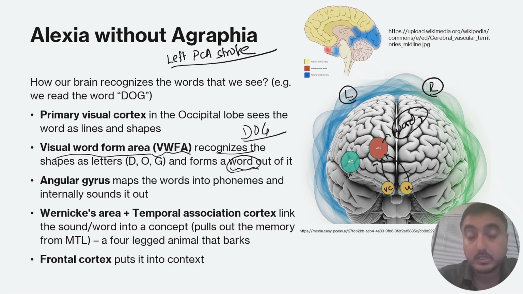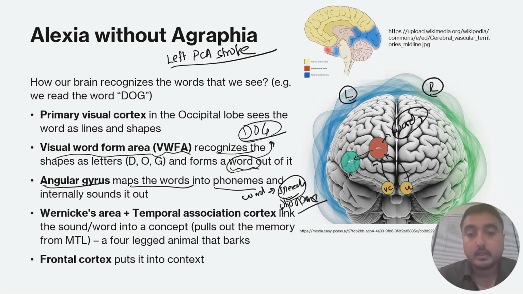The word, it means the word dog. But although we have realized that this word is a dog, we don't know what it means yet, right? So what happens after this is from the VWFA, the signal will transmit to the angular gyrus, and angular gyrus maps the words into phonemes. Like the brain will say to itself that this is the word dog. We call it a phoneme.